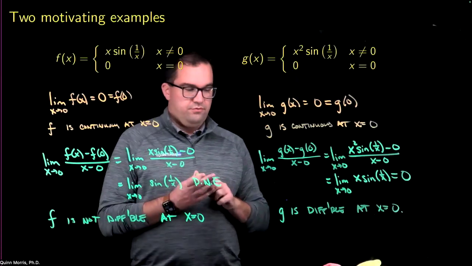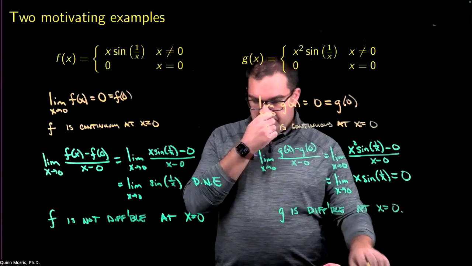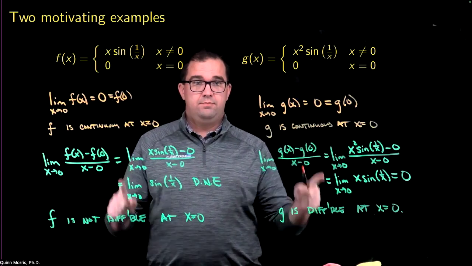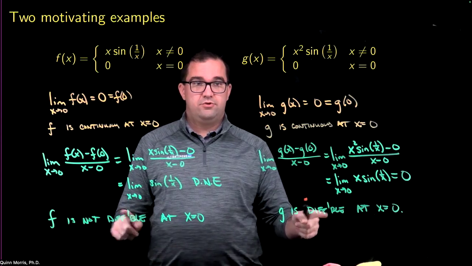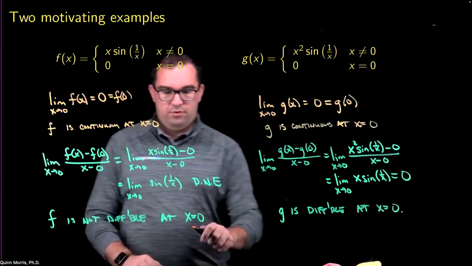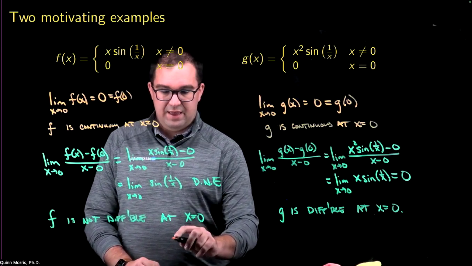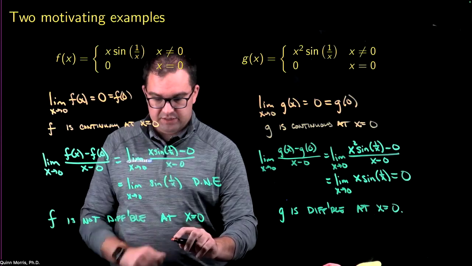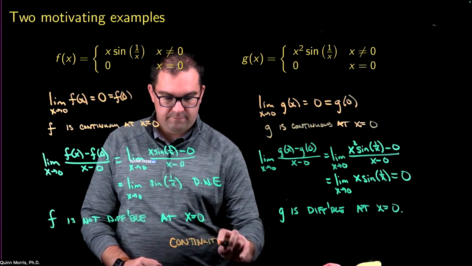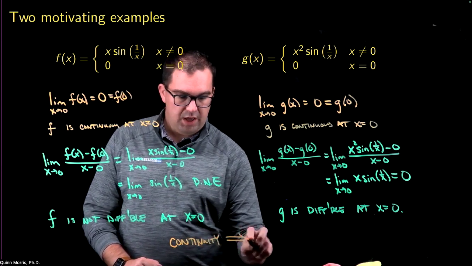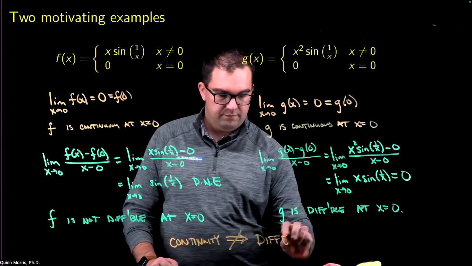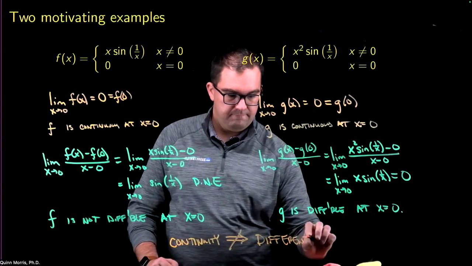Okay. Now, from these two things, we can draw one immediate conclusion, which is that both of these functions were continuous at 0. One is differentiable, the other is not, right? So just from this example, we can see that just being continuous at a point does not imply differentiability at that point.